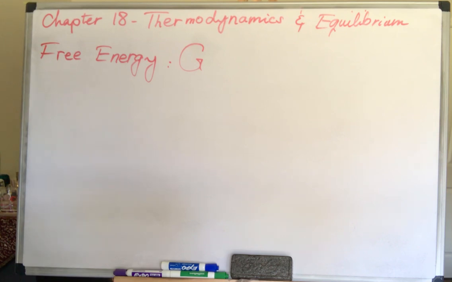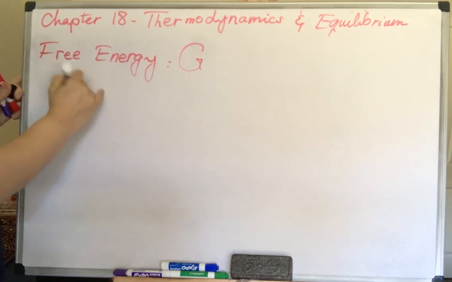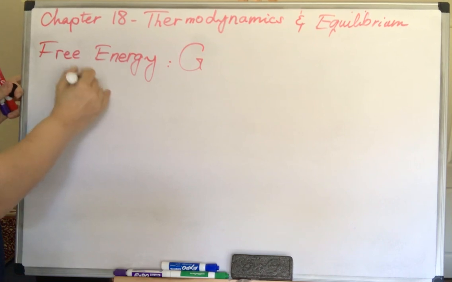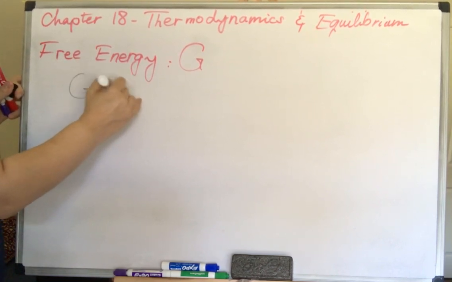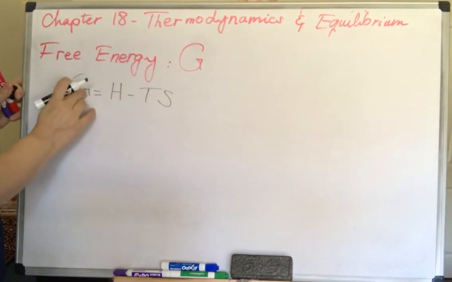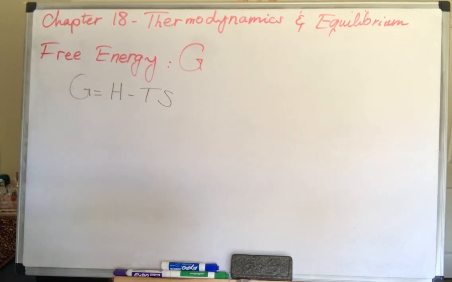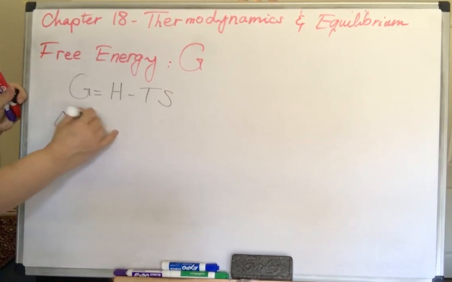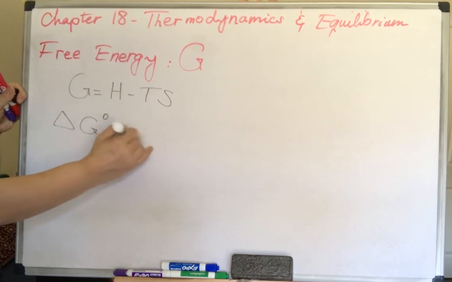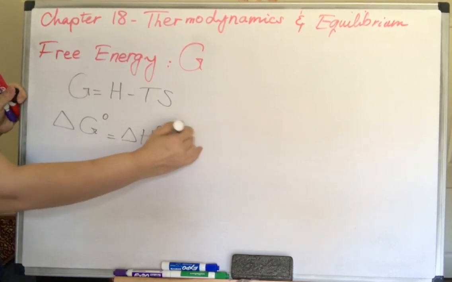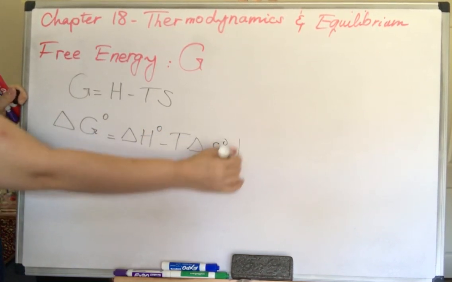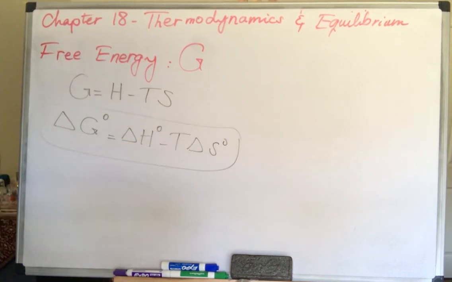It's a thermodynamic quantity. We define it as G is H minus TS. Don't worry about how they got it and the rest of the story. What you need to know is that delta G standard is delta H standard minus T delta S standard. This formula will be given in the exam, but you need to know how to work with it.